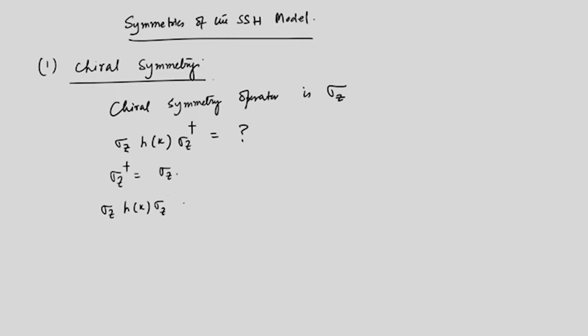This is equal to sigma z, then we have dx of k sigma x plus dy of k sigma y, and as I said we are fortunate not to have a dz term here. And then we will have to write a sigma z here.